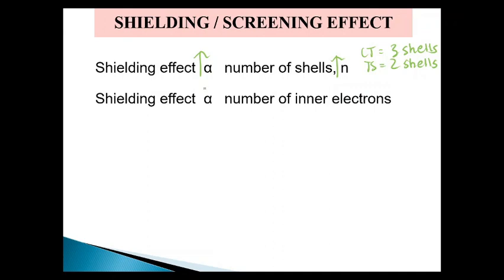And shielding effect will also increase whenever there is an increase in the number of inner electrons. Because Siti has more bodyguards, which is 10 bodyguards in total, whereas Taylor only has 2 bodyguards.